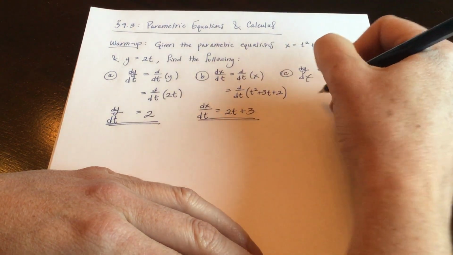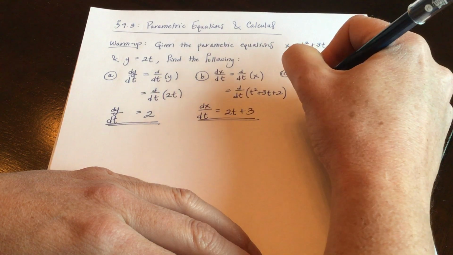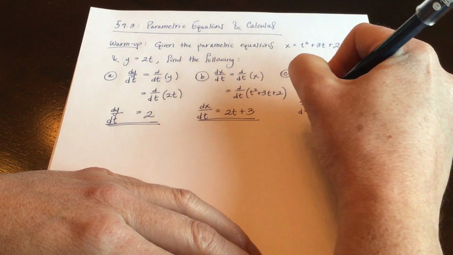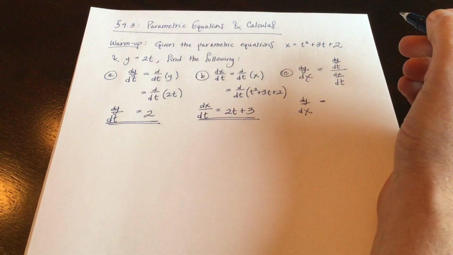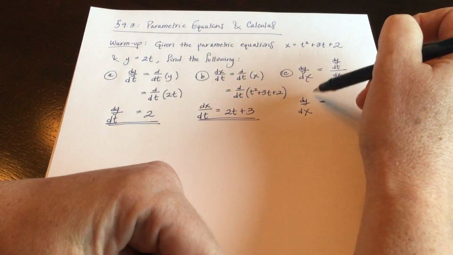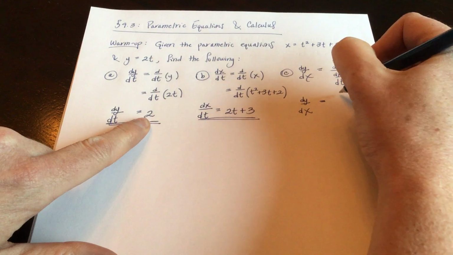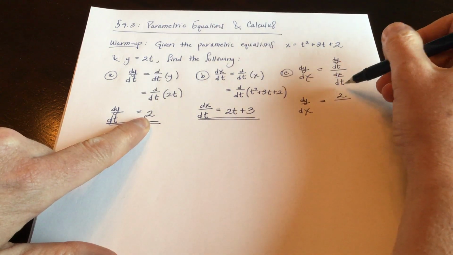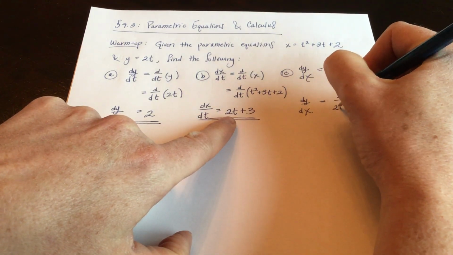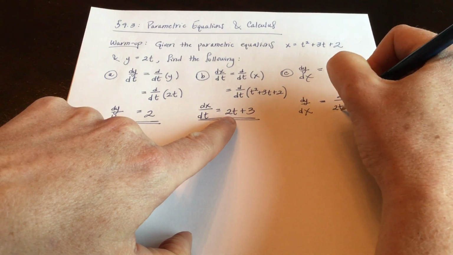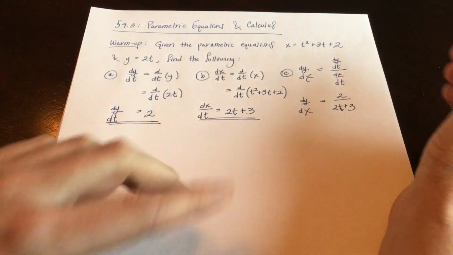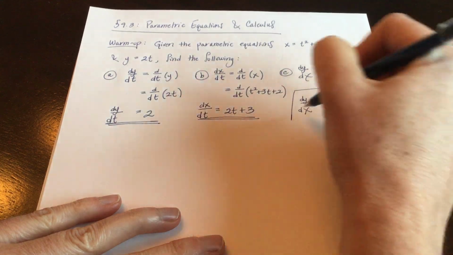So here's what that means. You can get dy/dx, and you will get it in terms of the parameter, which in this case is t, but you'll get it. So dy/dx is equal to dy/dt, which is 2, divided by dx/dt, which is 2t plus 3, there you go.